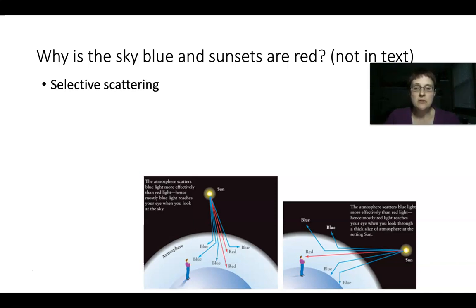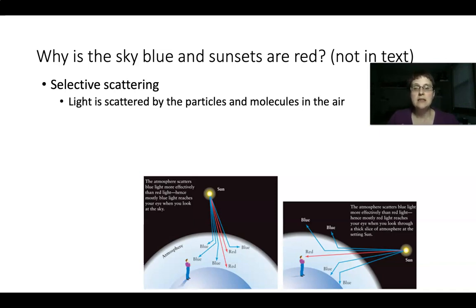Well, our atmosphere is made up of particles, right? It's made up of nitrogen gas, oxygen gas, carbon dioxide. We don't think about them as having mass and interfering with things, but they do. The light rays are going to run into those particles as they come into our atmosphere. And so what happens is that as the light comes in, it's going to hit these particles and molecules and get scattered.